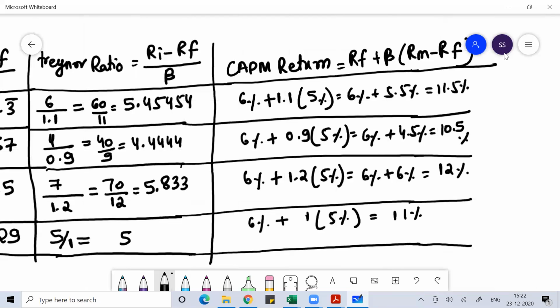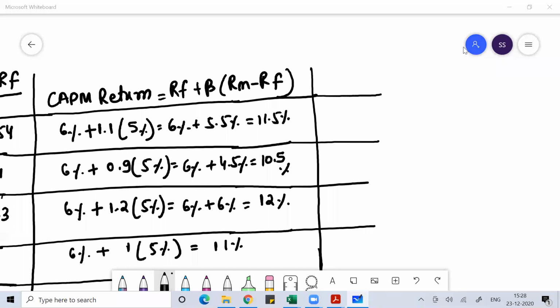Ask me. So I believe you understood the CAPM model.